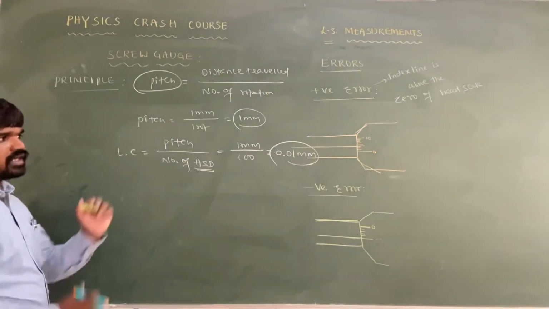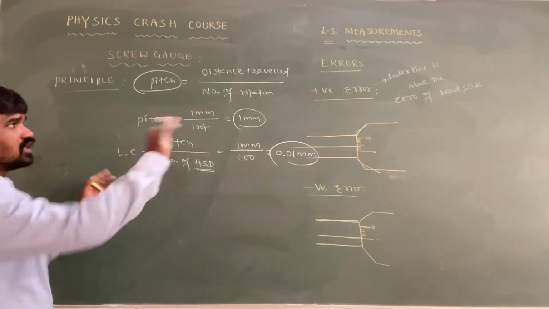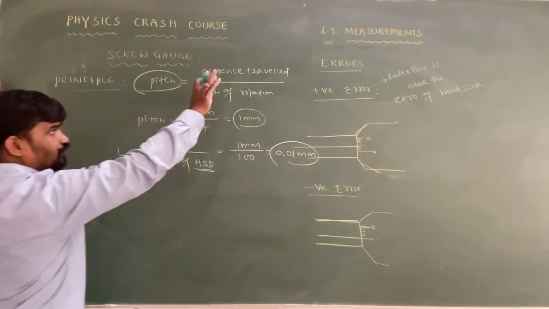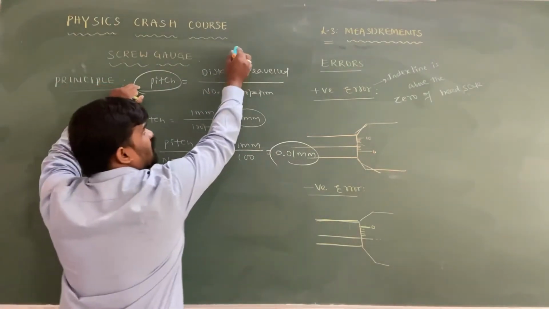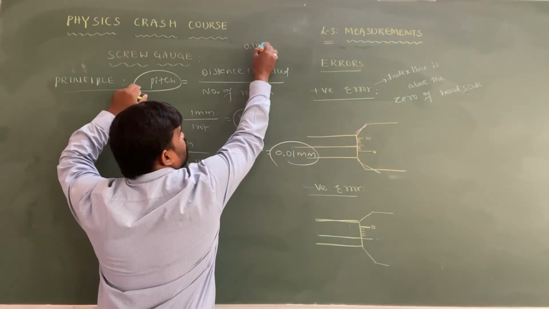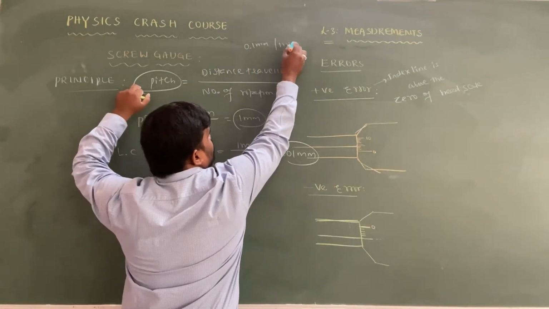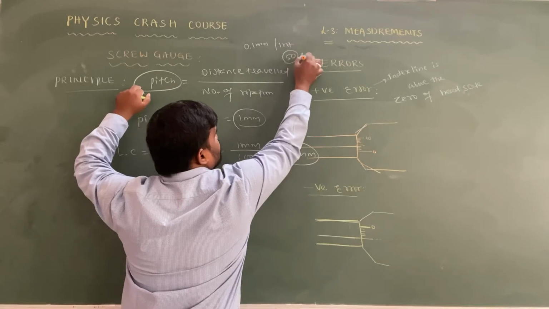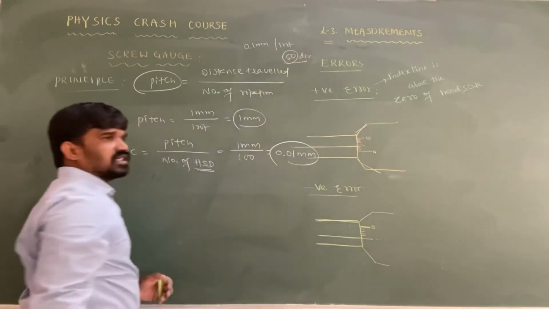After calculating the least count, sometimes they might say it like this: a screw is advancing 0.1 millimeter in one rotation, and there are 50 divisions on the head scale. Determine its least count.